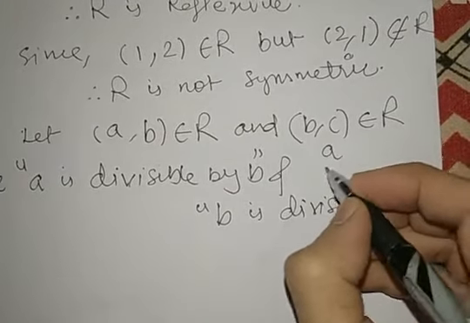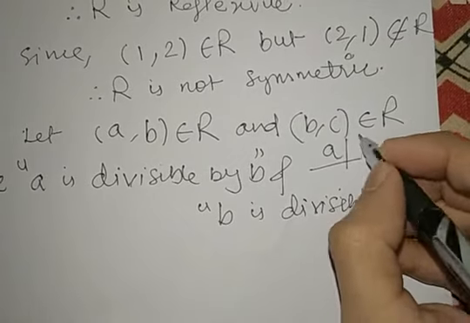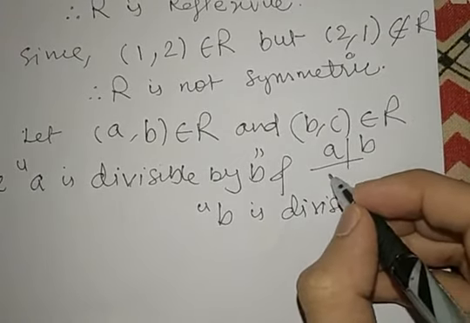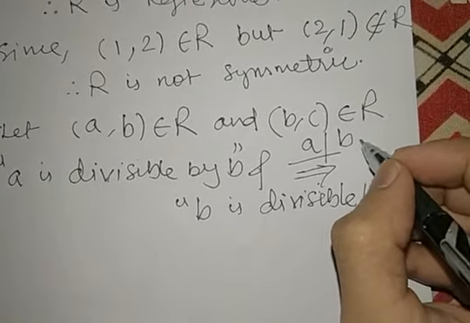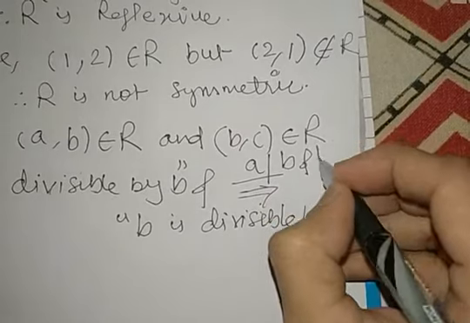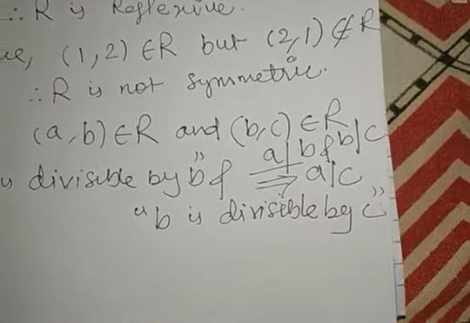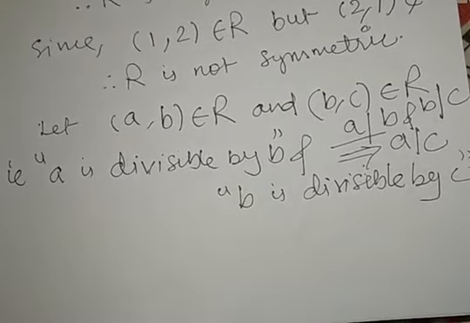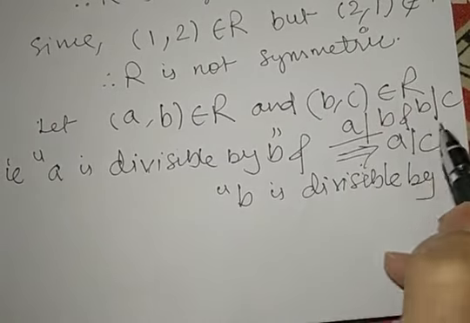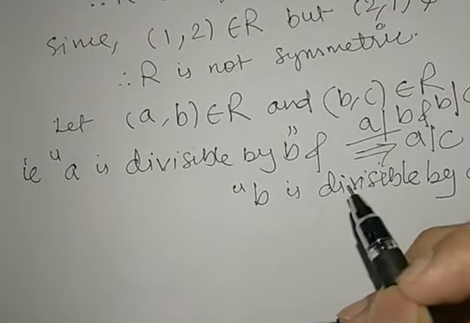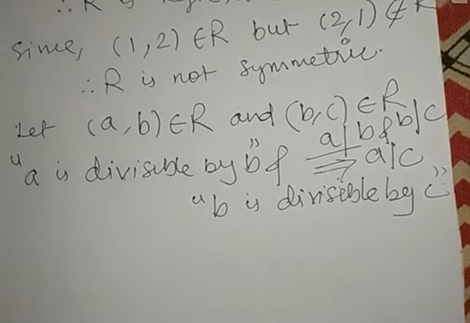So if A divides B and B divides C, then you will get A divides C, like this you will get. I am saying this symbol as is divisible by, so A is divisible by C. That means if you take any example also you can take and check it, it will be true.